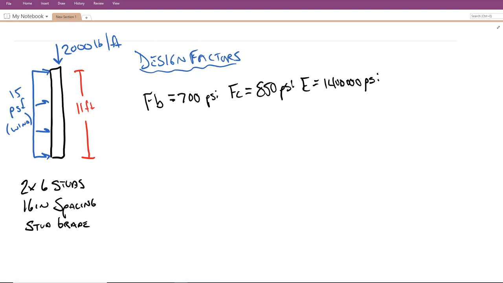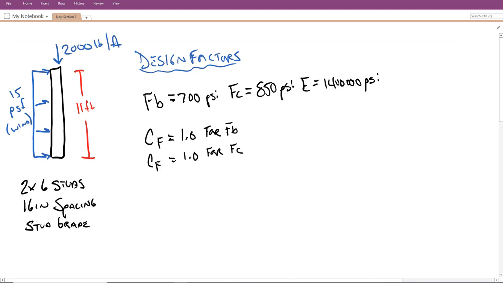And again, that comes from the supplementary table that I've attached. Next thing we want to do is come up with our adjustment factors. And so we go to the size adjustment factor table, and for a 2x6 in the bending category, you'll find that C sub F equals 1.0. Make sure and notate that's for the bending. C sub F, the size adjustment, also equals 1.0 for F sub C. Those can be found using the 2x6 line item.